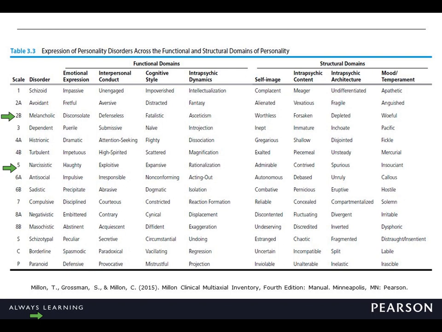And that combination really brings you much closer to the experience of the actual individual.